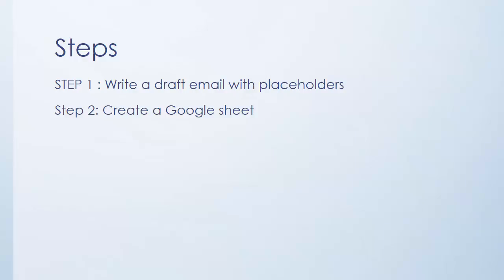There are 4 steps involved in this process, and each of them will go into more detail. The first step is to write a draft email with placeholders. The second step is to create a Google Sheet and fill it up. Third is to install an application called Yet Another Mail Merge.